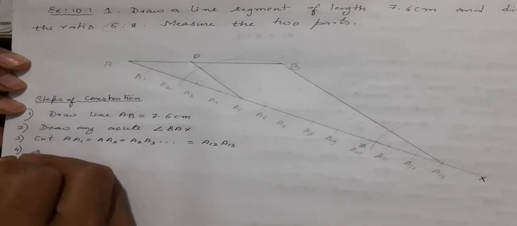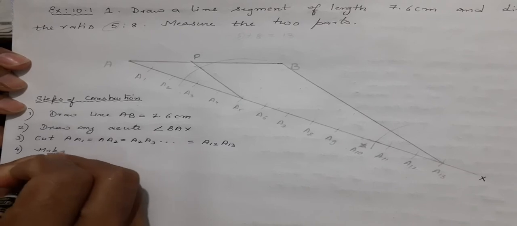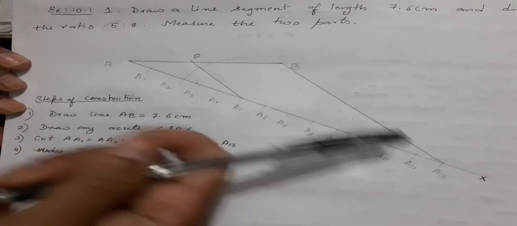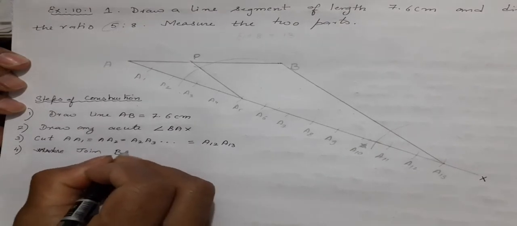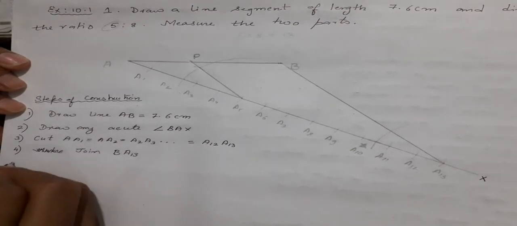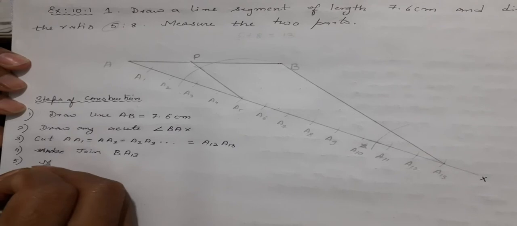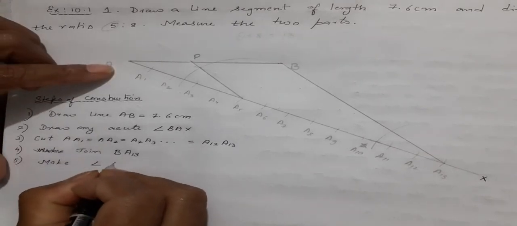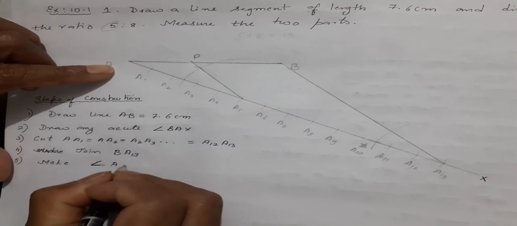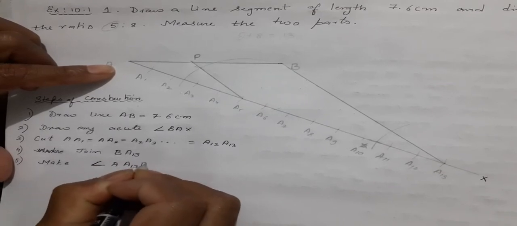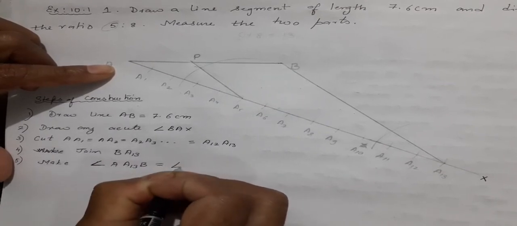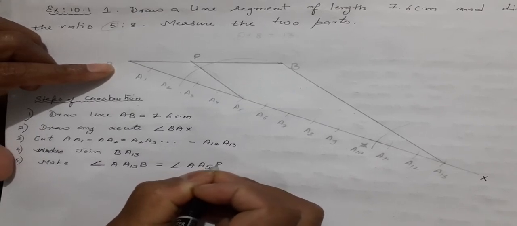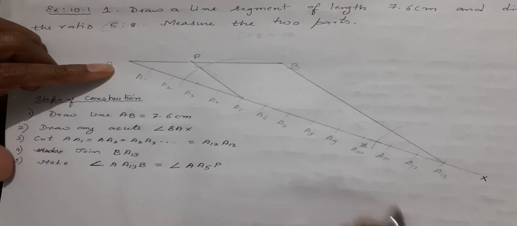Now make, before that, join B to A13. After that, make angle A13B equal to A5P. This we made equal.